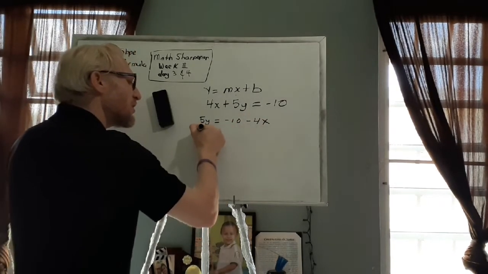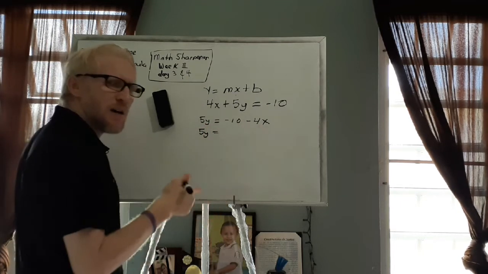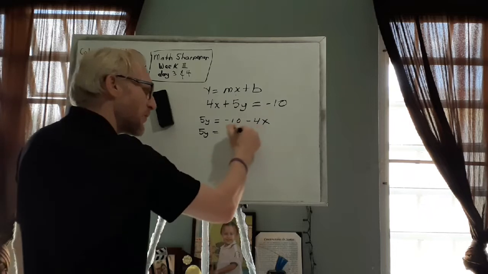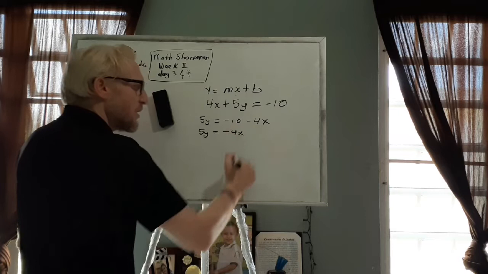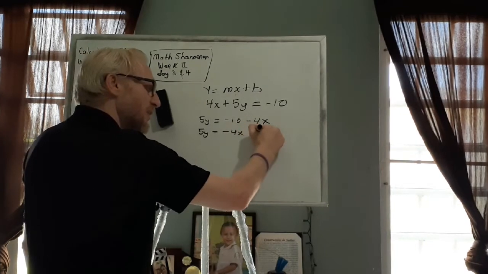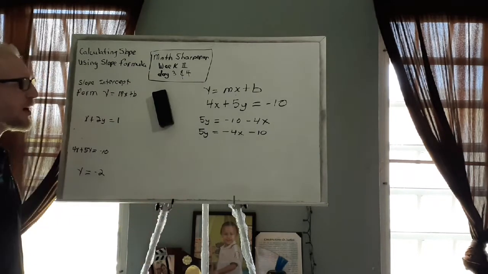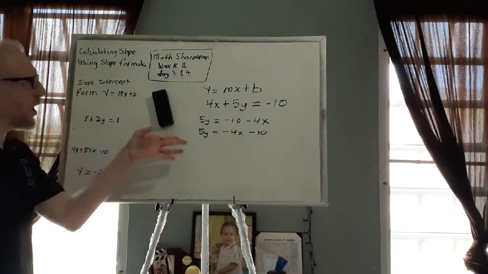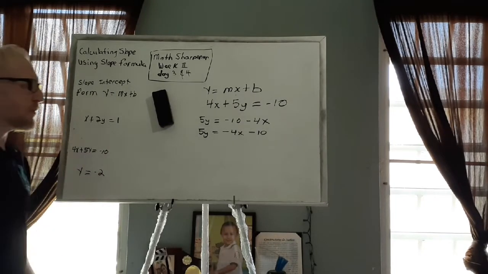So 5y is going to stay expressed. Now, instead of writing negative 10 minus 4x, I'm going to flip them over, or move them around and say minus 4x minus 10. Now the last thing I need to do is divide by 5, so that way I can have the y alone and have my equation expressed in slope-intercept form.